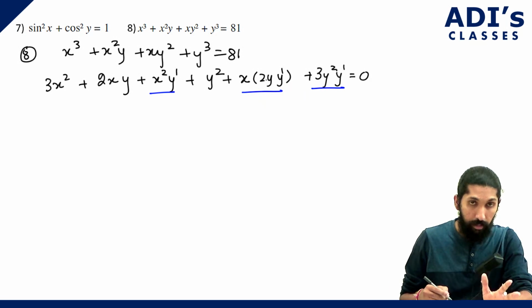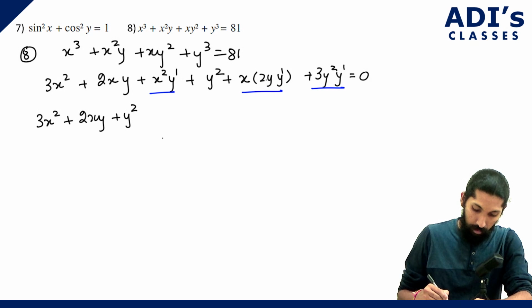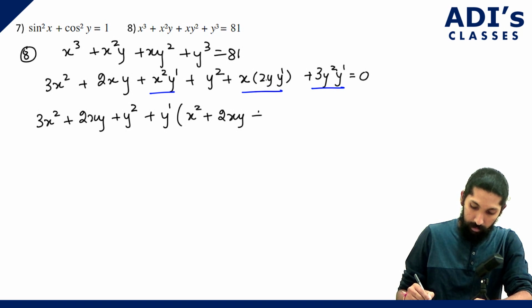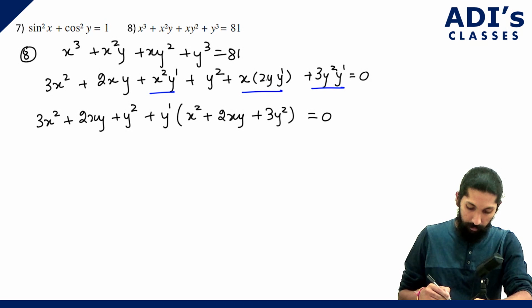The others segregate. So 3x square plus 2xy plus y square plus y dash into x square plus 2xy plus 3y square is equal to 0. Take these things on the other side.